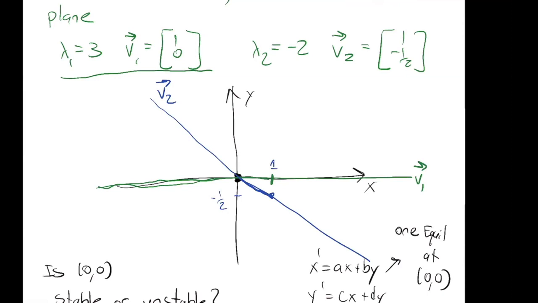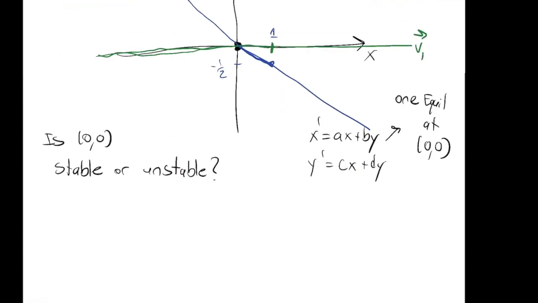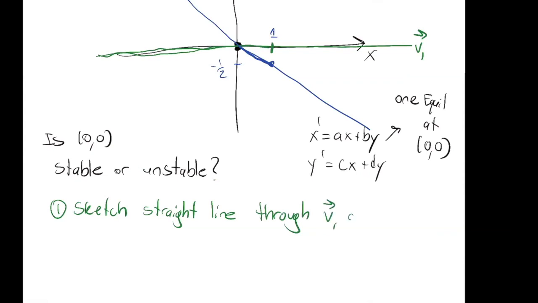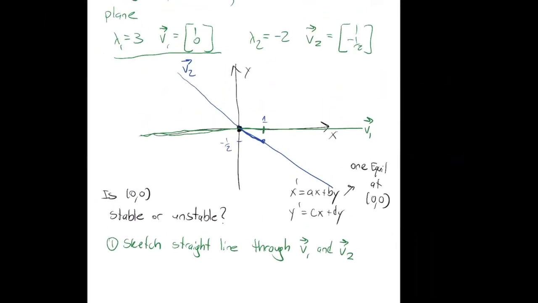So what we're doing is sketching the line through each of these vectors. That would be the first step once we've got those vectors. Does it make sense how I graph those?